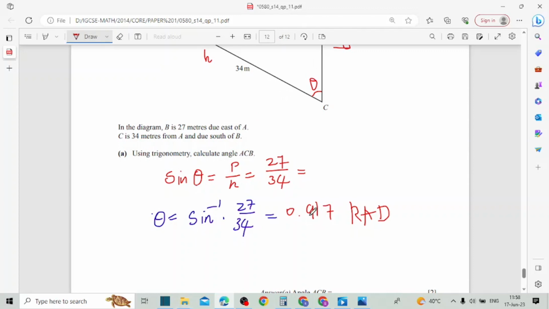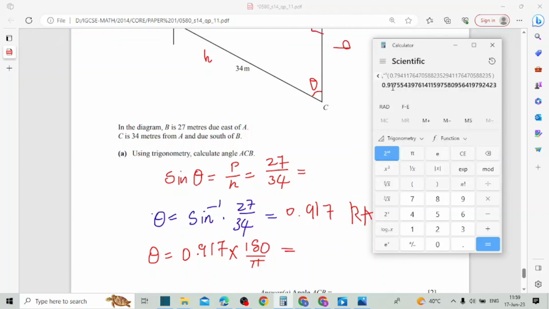If you want to convert radians to degrees, theta is equal to the radians value multiplied by 180 over pi. You will get it in degrees. Let's try that now.